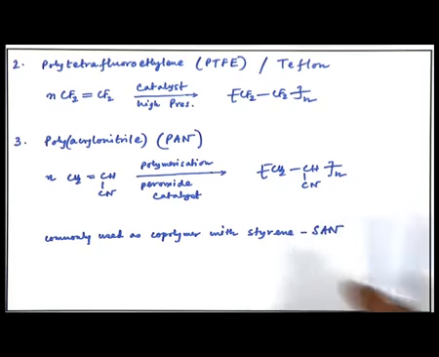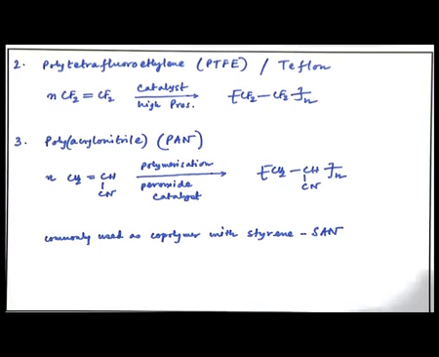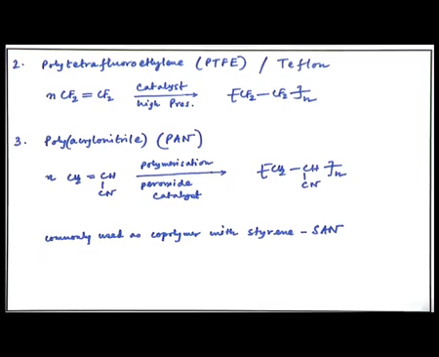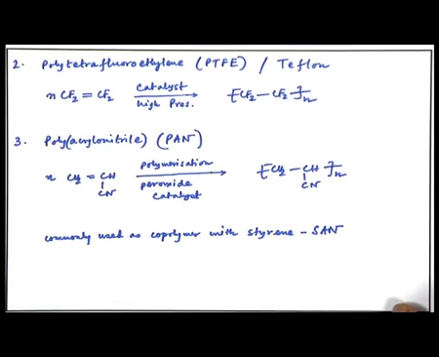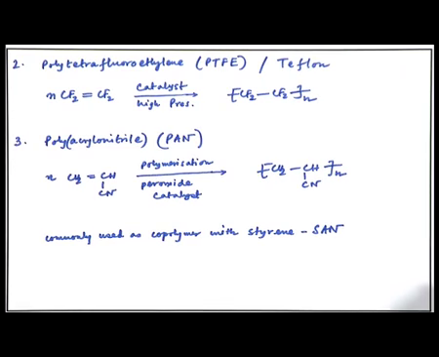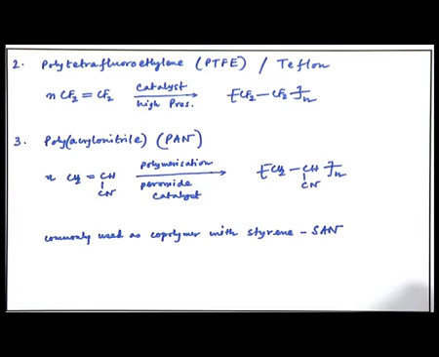As I also mentioned in the last lecture, polyacrylonitrile is not often used as a homopolymer. Generally, it is used along with styrene, and styrene acrylonitrile copolymers are made, which are used more frequently than the homopolymer.